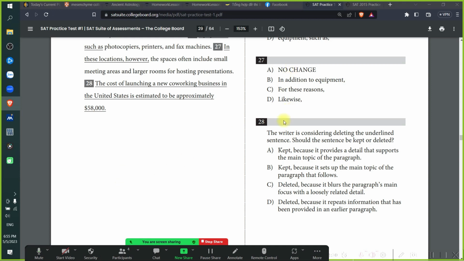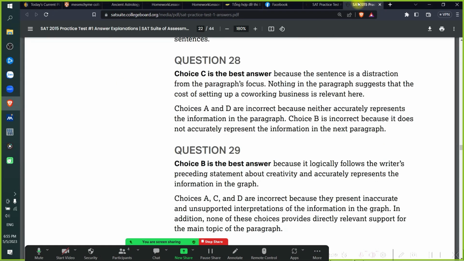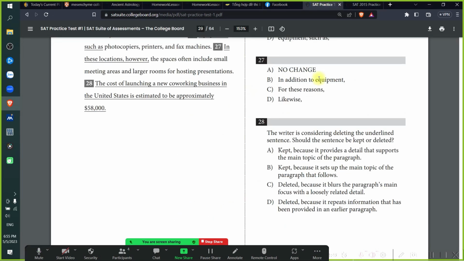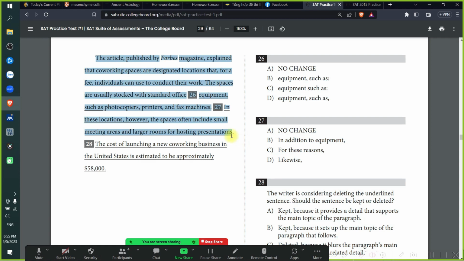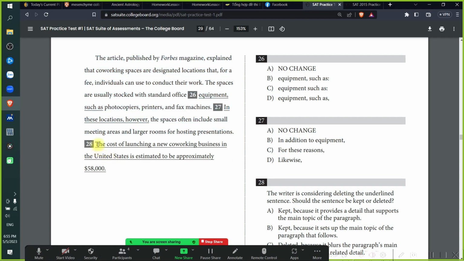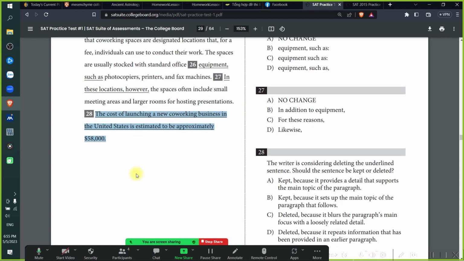C or D? C. Delete, because it blurs the paragraph's main focus with a loosely related detail. Correct. Because why? Here, the whole paragraph doesn't talk about money at all, isn't it? But here, it provides basically a detail that is not really related to the main focus of the paragraph. Cái đoạn này nó tập trung chính là vào cái gì?